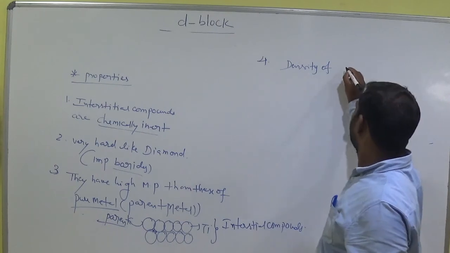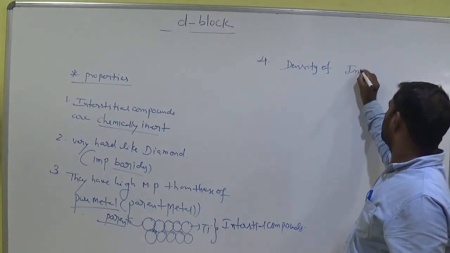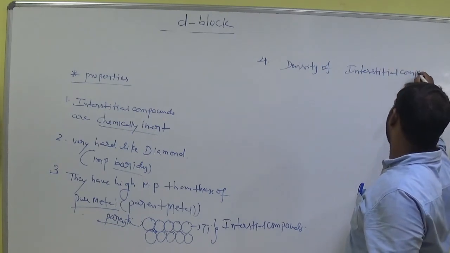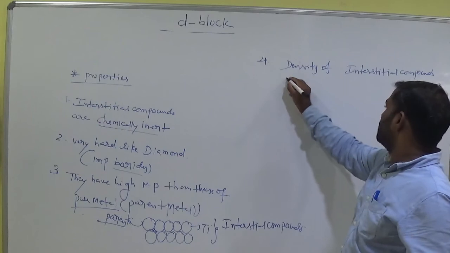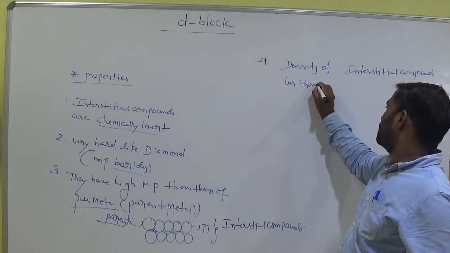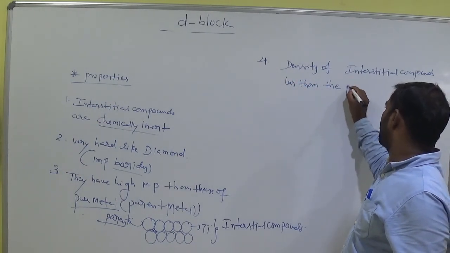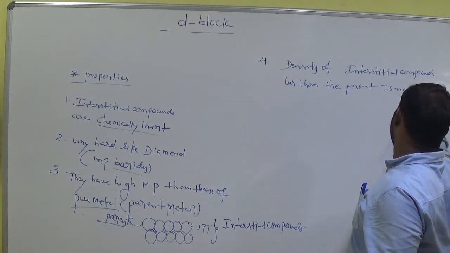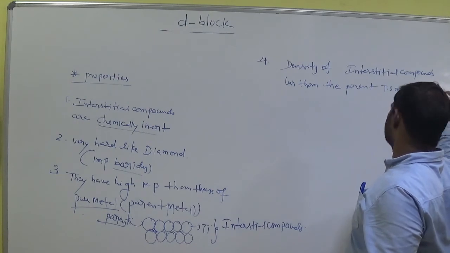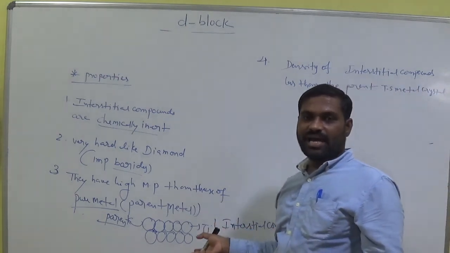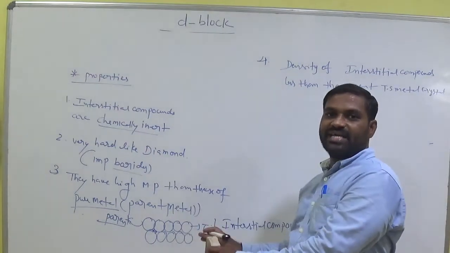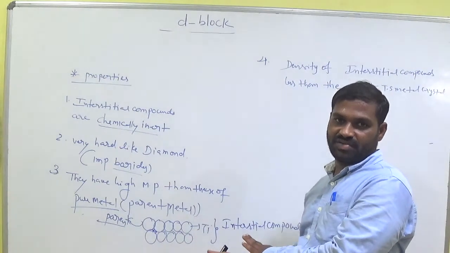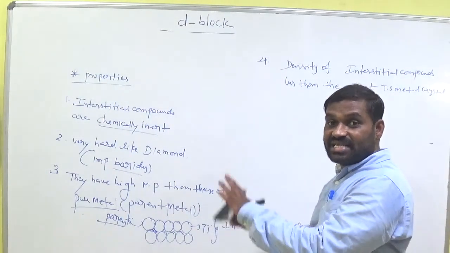Density of interstitial compounds is less than the parent transition metal crystals. Suppose titanium, in the crystalline arrangement, has more density than its interstitial compounds after hydrogen. Okay, after hydrogen its density is less.